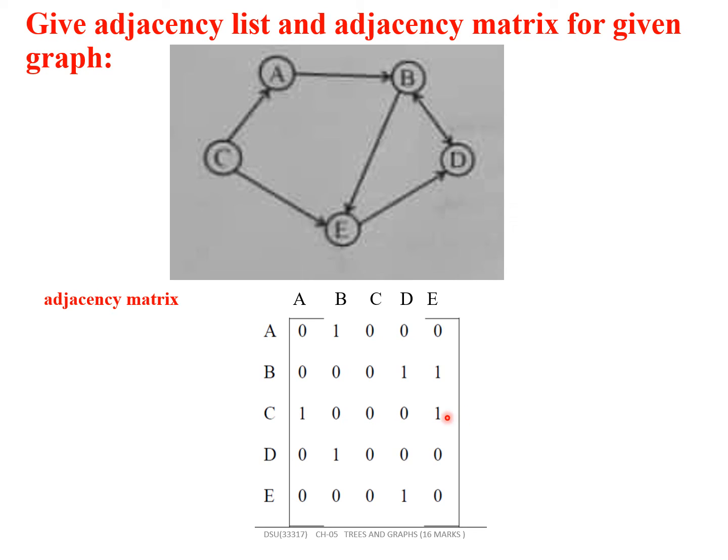So D to A is 0, D to B is 1, D to C is 0, D to E is 0. Now E to A is 0, E to B is 0, E to C is 0, E to D is 1 and E to E is 0. So this is the adjacency matrix for this graph.